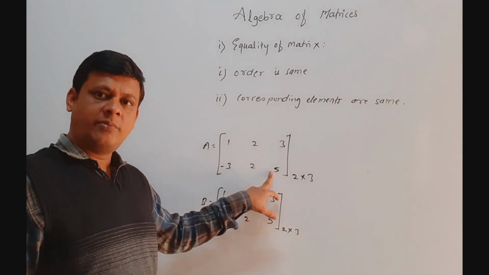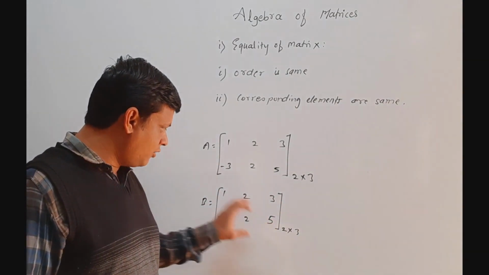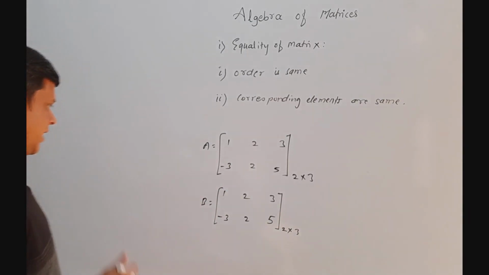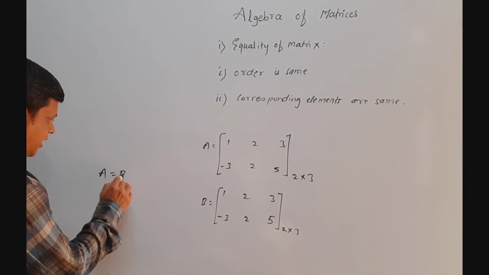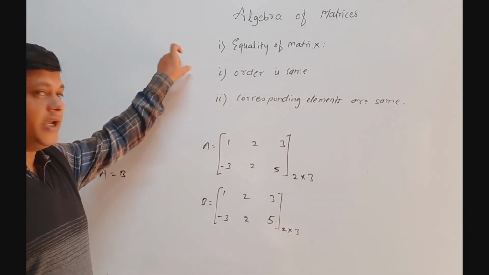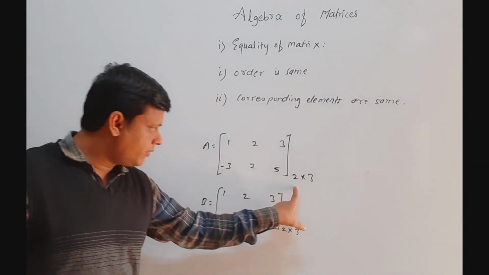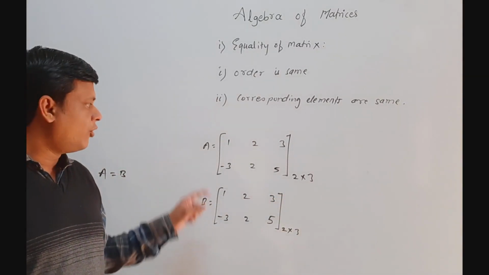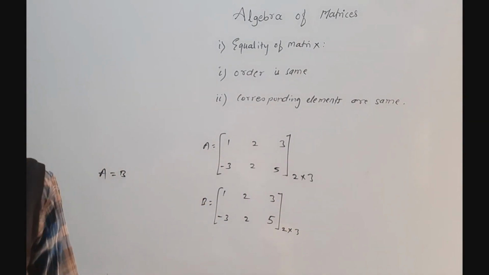Here the third element is 5, here the third element is 5 in the second row of both matrices. So from this we say matrix A equals matrix B. So for checking equality of matrices, we first check the order, then we check corresponding elements for the two given matrices.